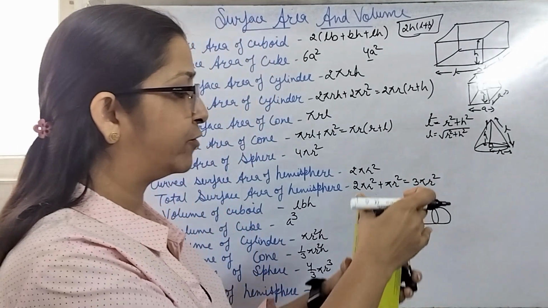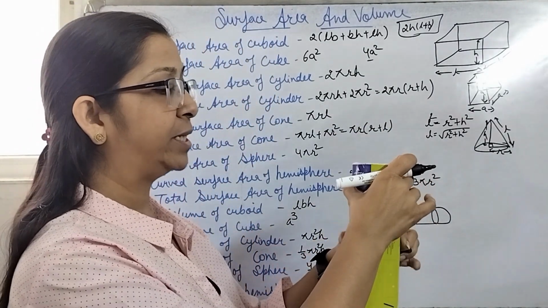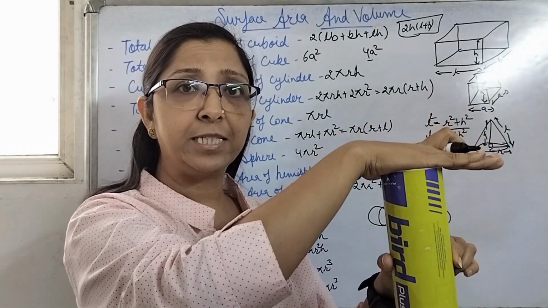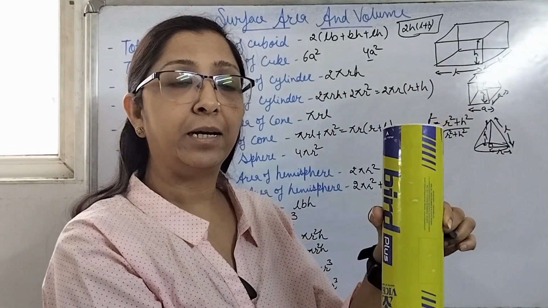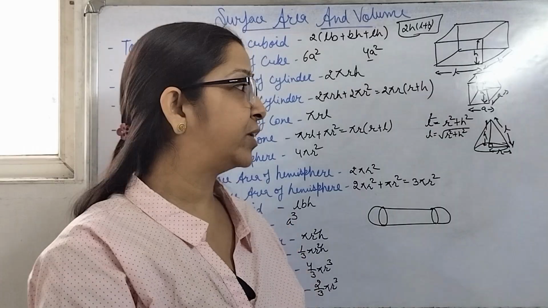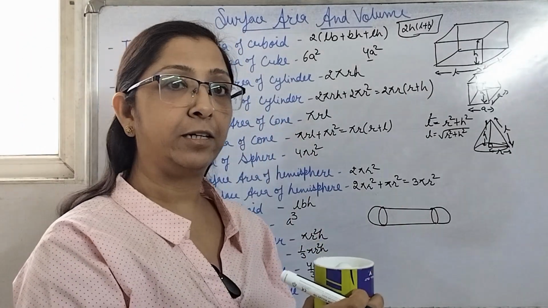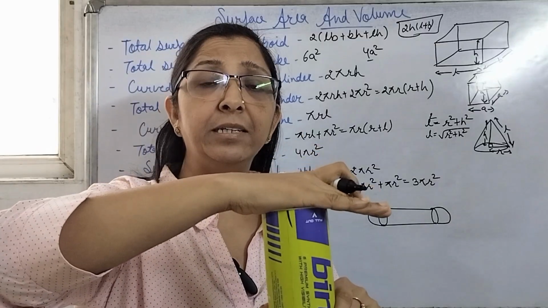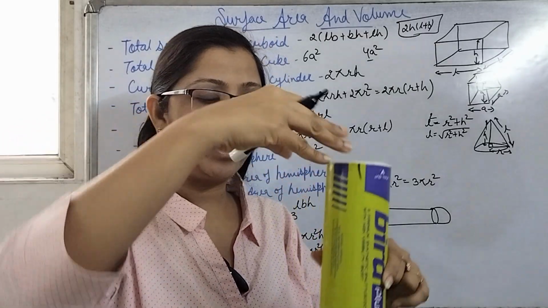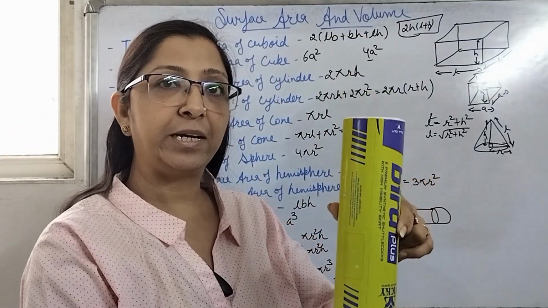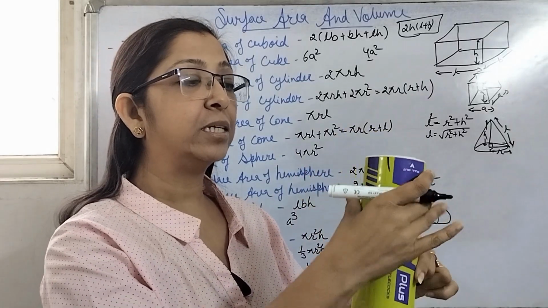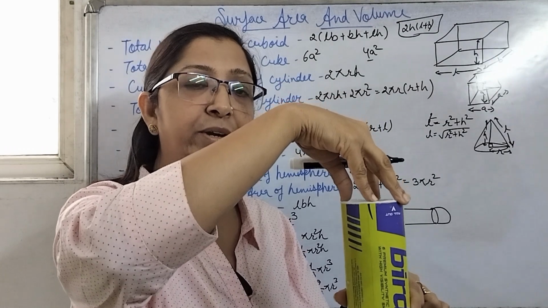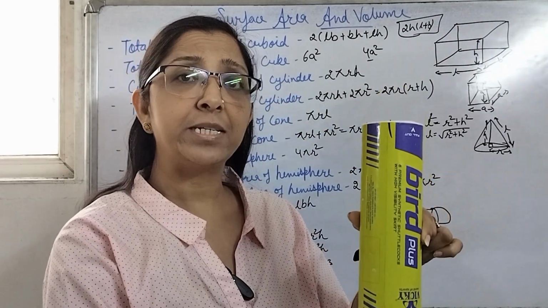Now see over here, for the total surface area, the surface area of this cylinder: we won't be considering this area, we won't be considering this area. That means we will simply be considering the curved surface area of the cylinder, because over here we have taken a hemisphere, so this part is hidden now. Over here we have taken a hemisphere, over here also a hemisphere. So we will be considering the curved surface area of the cylinder and the curved surface area of this hemisphere and of this hemisphere.